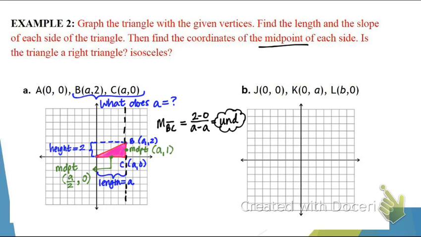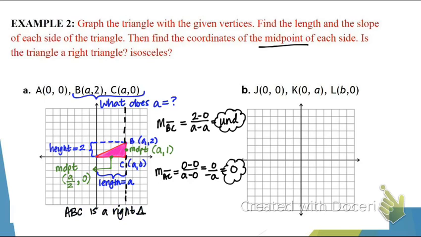And similarly, if I'm finding the slope of the other leg, which is AC, I'm going to take the y value minus the y value over the x value minus the x value, and I'm going to get 0 over negative a, and I'm going to get a slope of 0. So since one line is a vertical line and one line is a horizontal line, we do know that this is a right triangle.